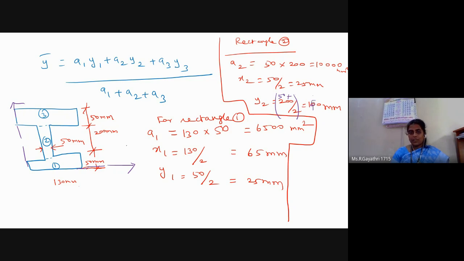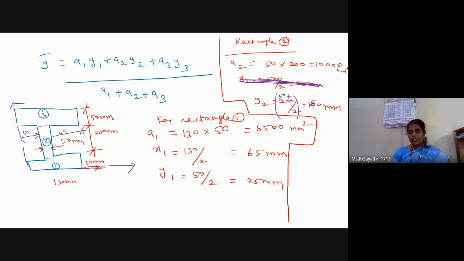Okay, you can ignore now x2 value. X2 is not needed. We want only y bar. So we can ignore x2. X2, if you want, 50 by 2, 25. And the distance from reference axis to this, this is 130, 130 minus 50, 80. So 40, this is 40. This is also 40.